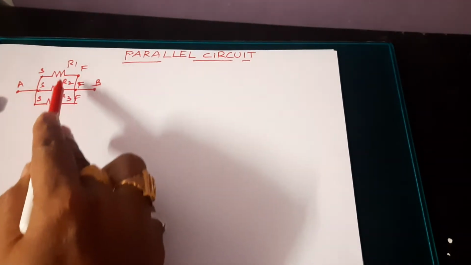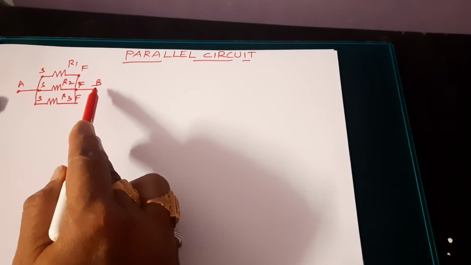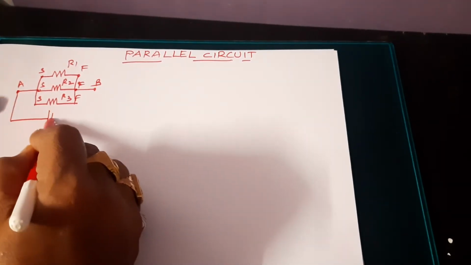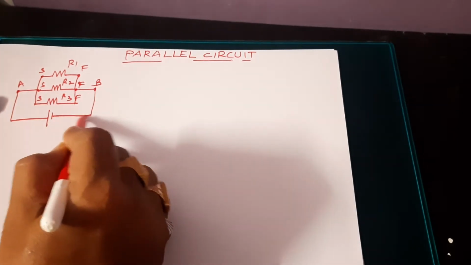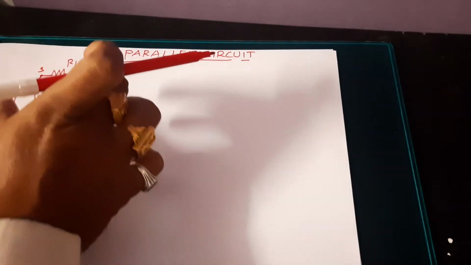When similar ends of different resistances join together as shown in this, that is, the start points of all the three resistances are joined at point A and the finish ends of all the three resistances are joined at point B. Now, a battery of voltage V volts is applied to the circuit as shown in figure. Then this circuit is said to be a parallel circuit.